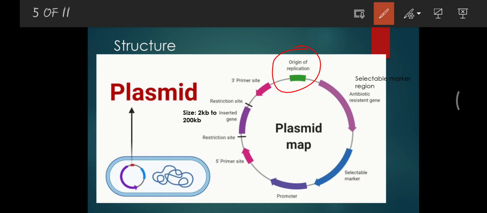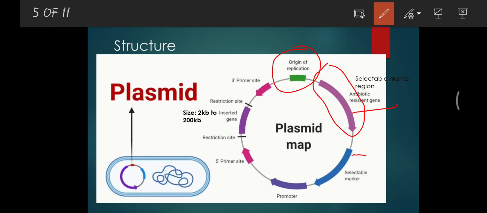Then coming to the second, the antibiotic resistance gene. That means some plasmids have a selectable marker region inside them. For example, antibiotic resistance, or some chemical-degrading regions are also present in the plasmid. So antibiotic resistance genes are selectable marker regions present inside the plasmid.